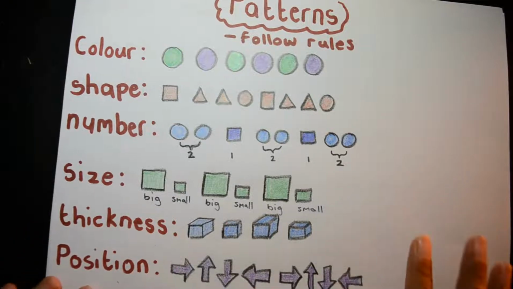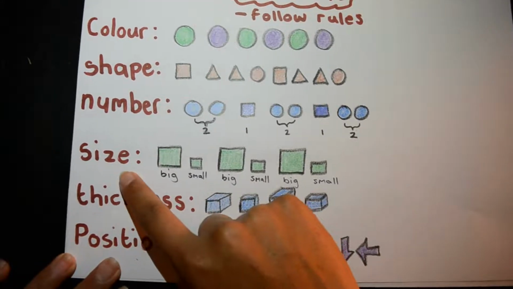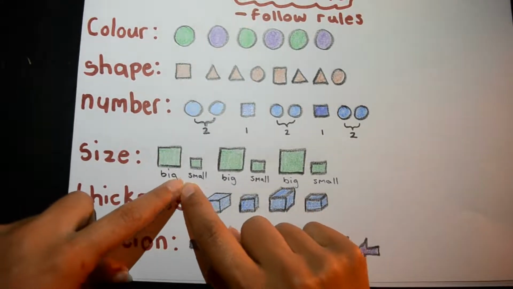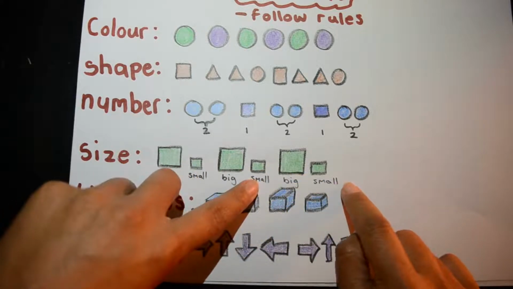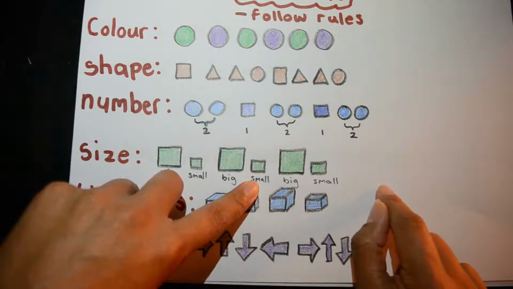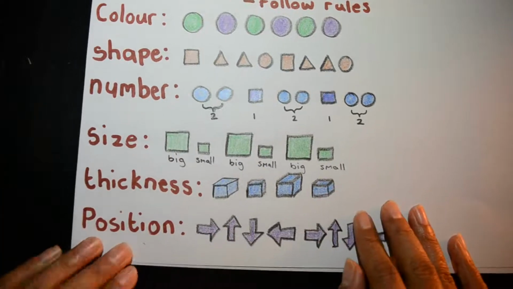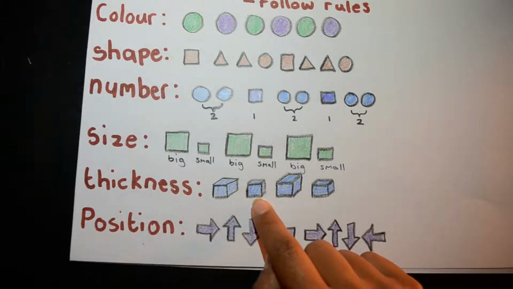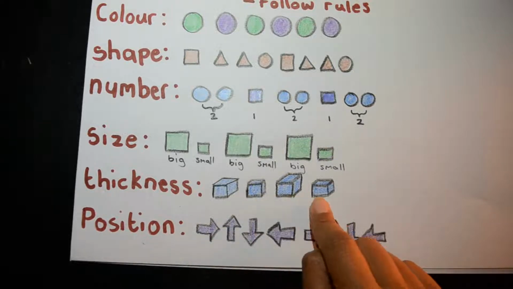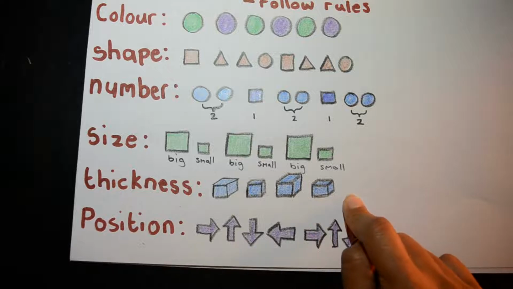Just like that. Then we have size. Okay, we have a big one here, then a small one, then a big one, small one, big one, small one. Next one will be big, and then next small. Okay, thickness. We have a thick box, thin box, thick, thin. Next one will be thick.